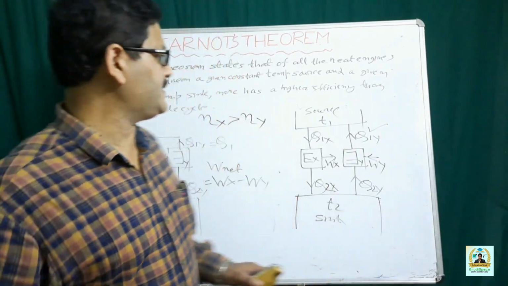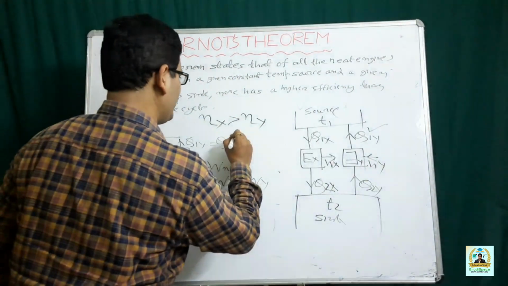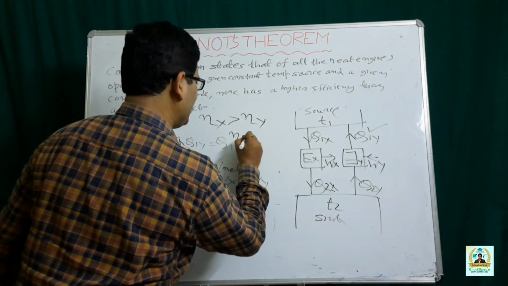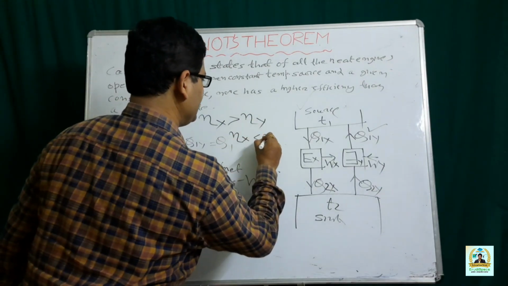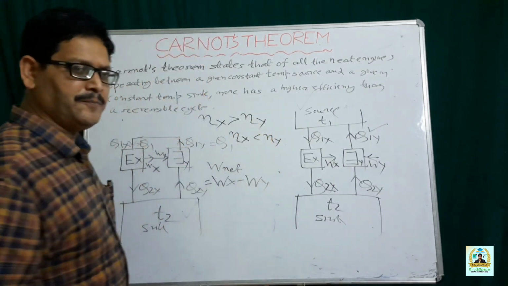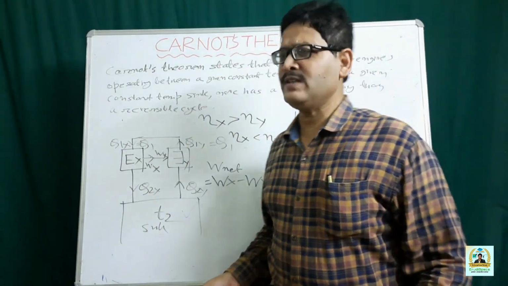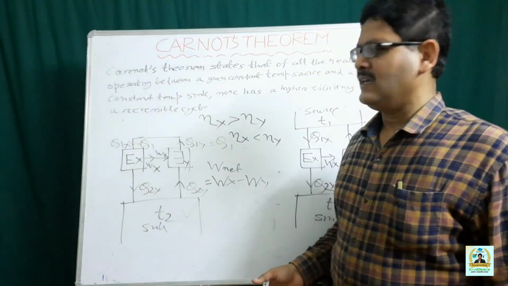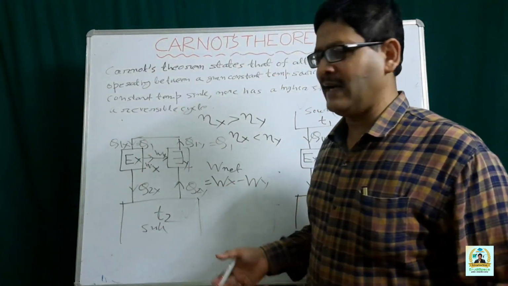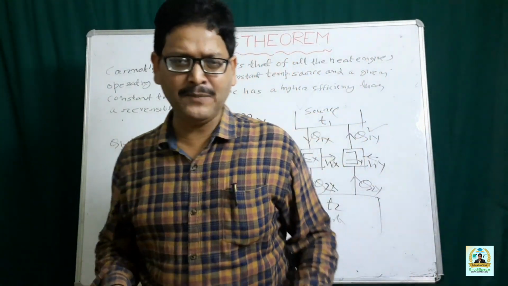So in all the cases we do have eta x less than eta y. So what we have discussed while discussing the Carnot cycle is being proved by considering this specific example.